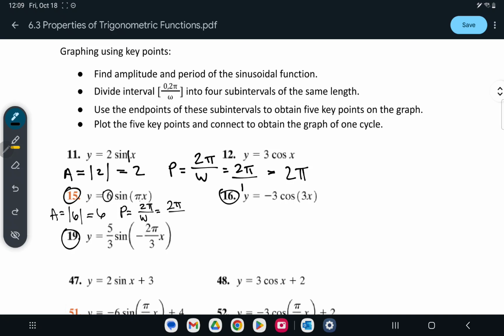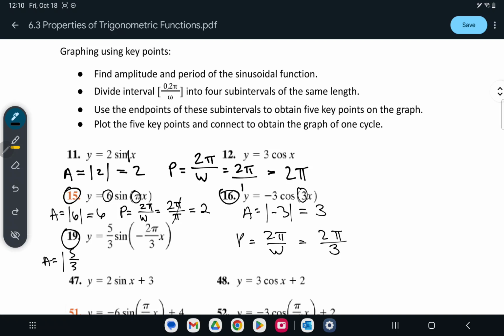Omega happens to be pi, so the pi's cancel out and the period is just 2. Next, amplitude is the absolute value of -3, so just 3. Period is 2 pi over omega, and our omega here is 3, so our period is 2 pi over 3.